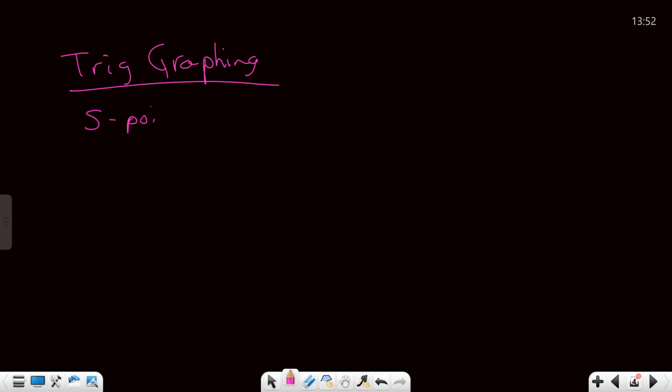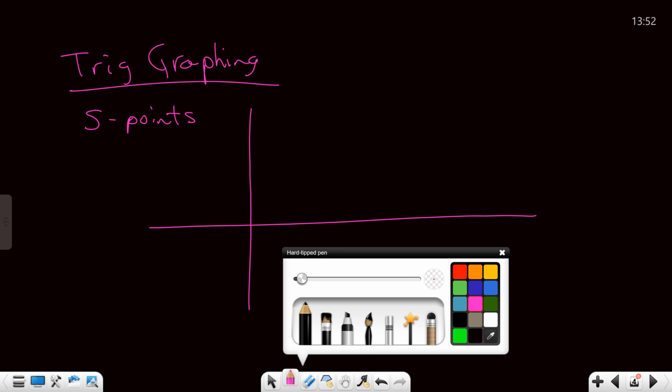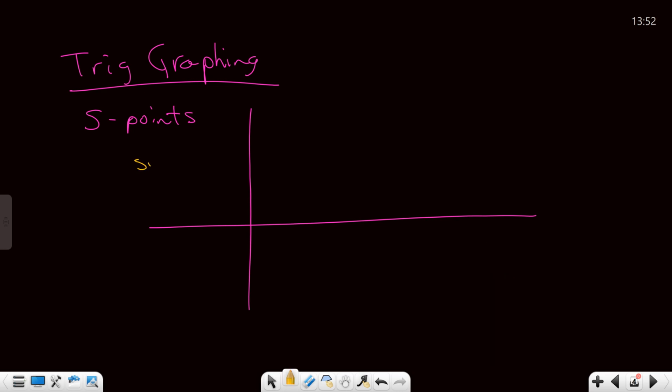The 5-point system says that every trig function relies on 5 points. So if I'm graphing the sine function, sine of theta, the 5 points I need to know are the starting point and the ending point, then the middle point.